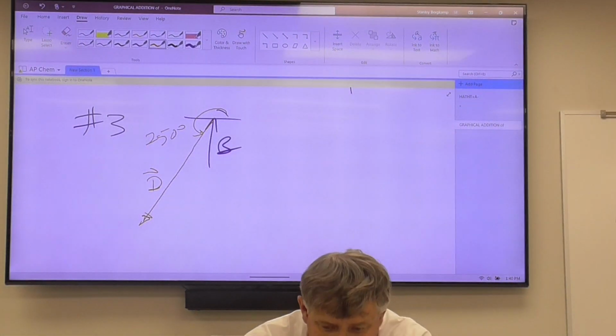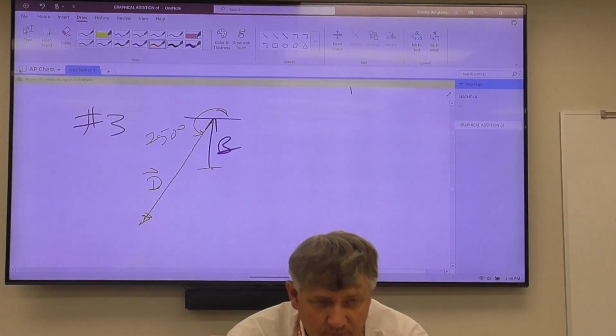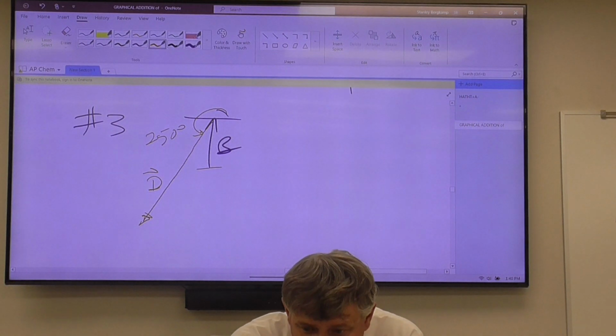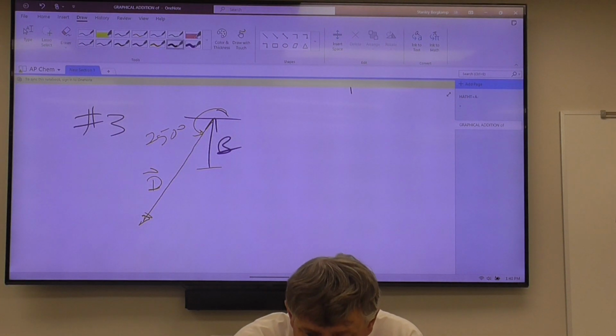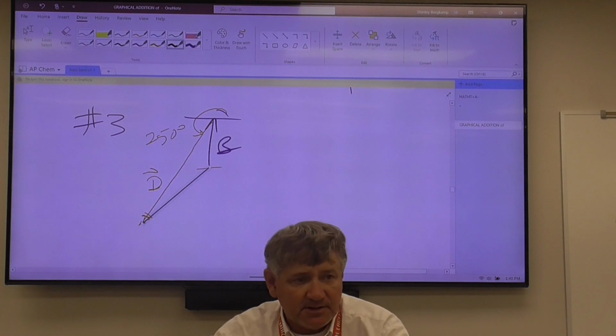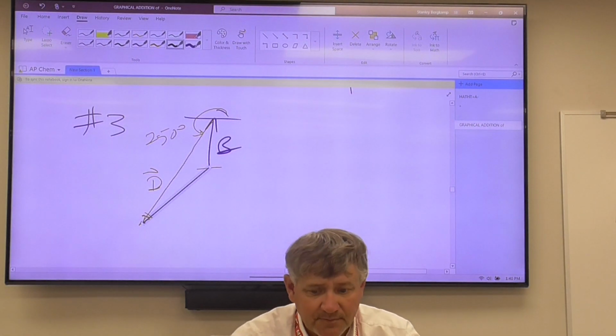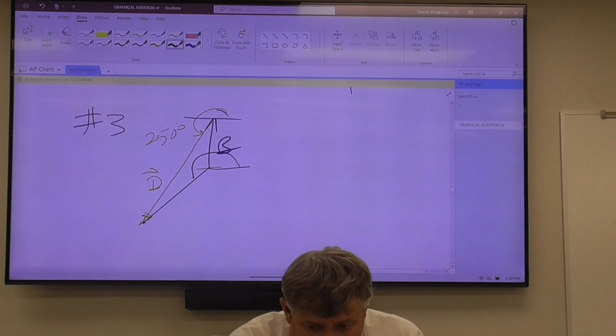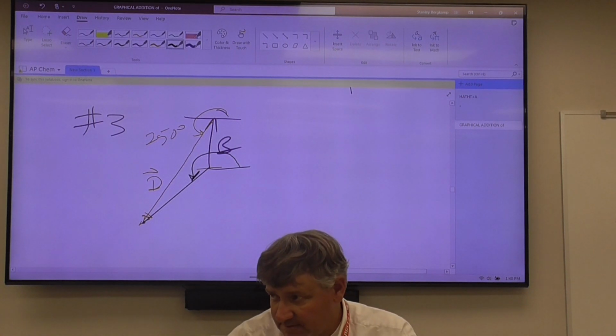When I draw that resultant, I have to come back to where it started, back to that initial origin. Then I'm going to draw that line from this point out to the end of D. So when I give that angle, I have to measure it around like this.